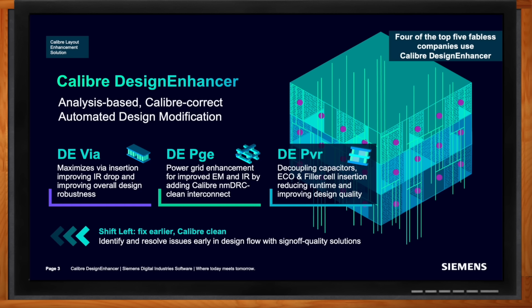So we use existing Calibre technology to make sure that we fill those in an optimum way, and at optimum performance, giving you the shortest possible runtime. That is where the Design Enhancer PVR really shines.